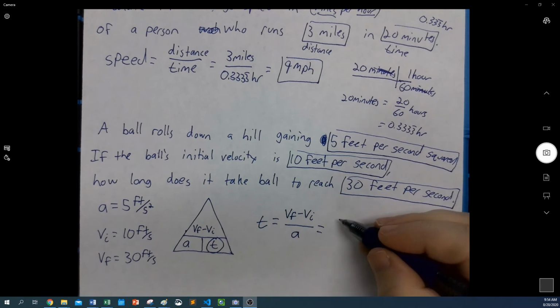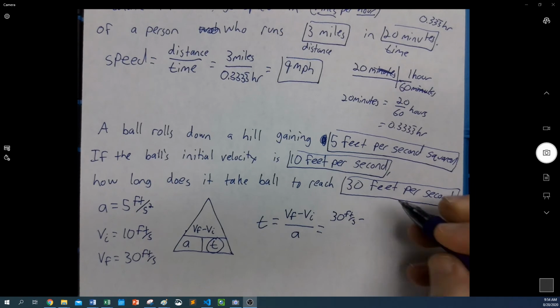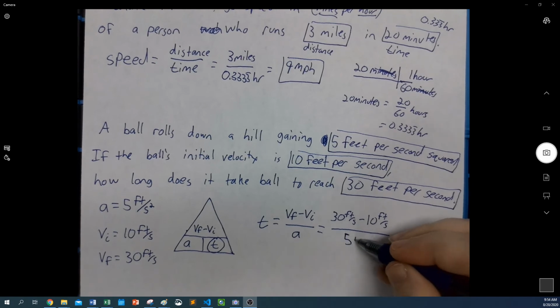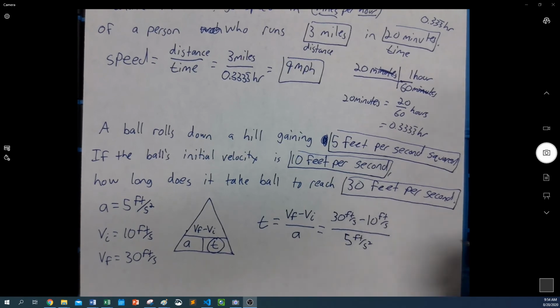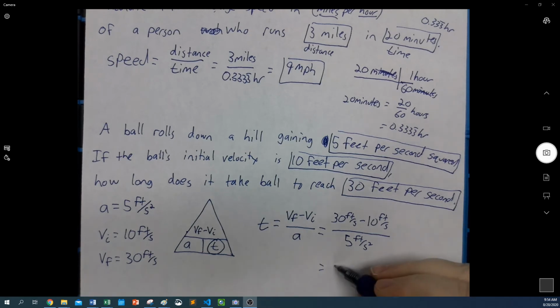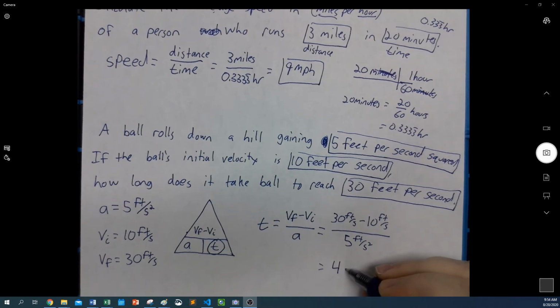So that would be 30 feet per second minus 10 feet per second over 5 feet per second squared, which would equal 4 seconds.